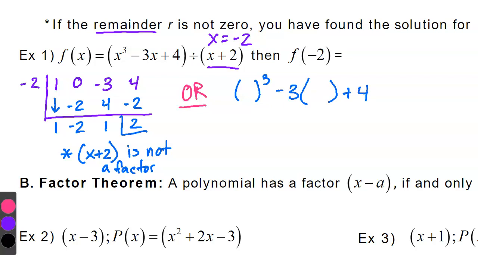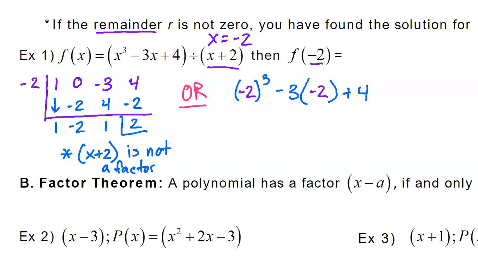If I substitute the root in, which is -2, and this whole thing equals 0, then that means it is a factor. If it equals anything other than 0, then it is not a factor.